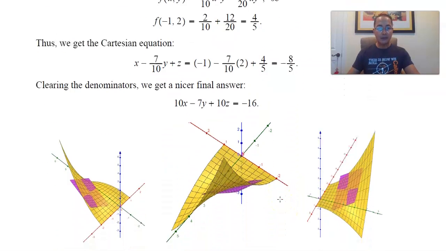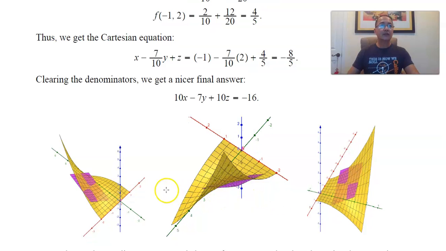Okay, and this is what I really wanted to show you. These are the graphs that we got from the first section, where we did the parametric surface expressed from Cartesian coordinates. And here's the tangent plane. Notice that it doesn't quite look like it's just kissing the surface at that one point.